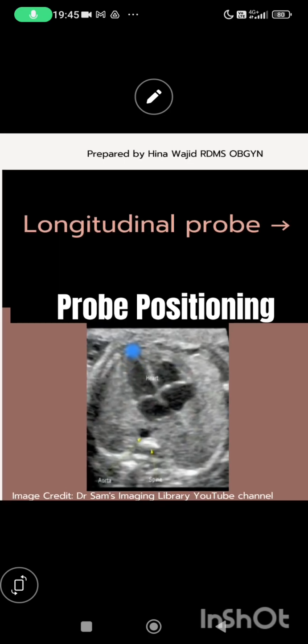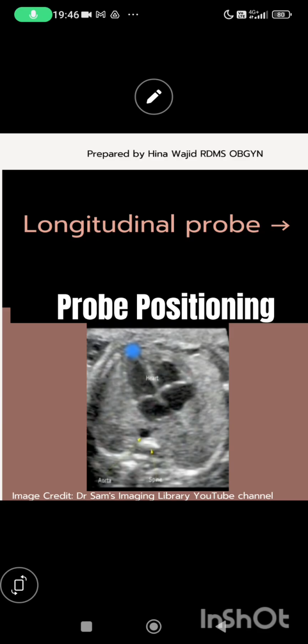Okay, what about this? Also cephalic. Anti-clockwise. Yeah. Clockwise, cephalic. Cephalic and clockwise. The probe is longitudinally placed here.